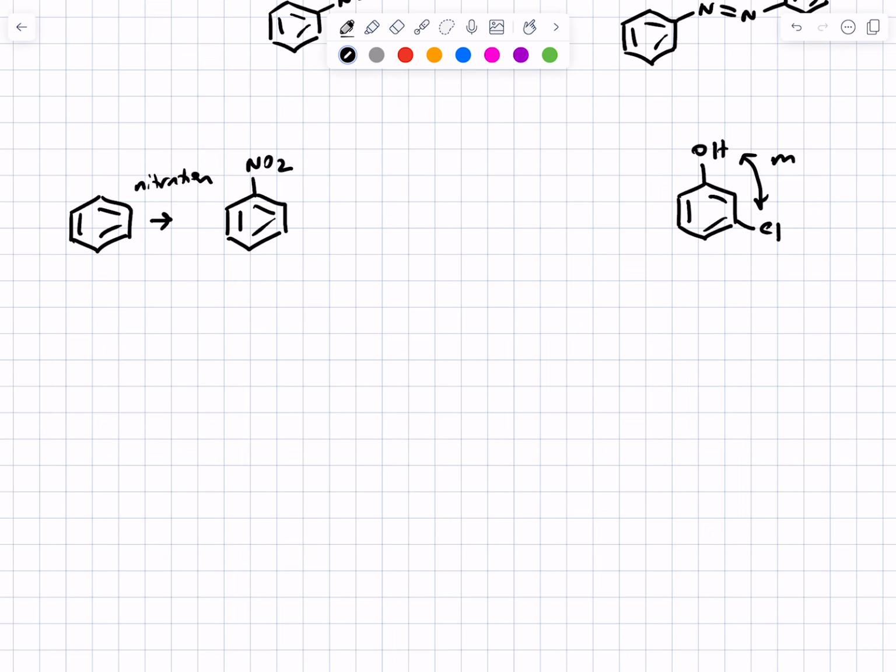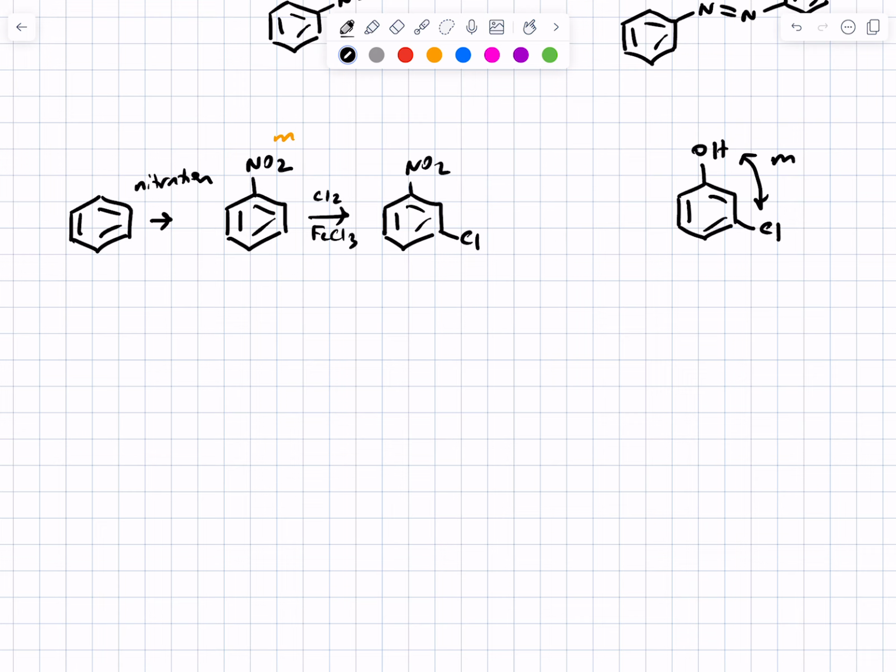Why am I going for the nitro group? Because I know that I can convert nitro to aniline, aniline to diazo, and diazo to phenol. But the nitro group is a meta director, so then I can do the chlorination conditions to install the chloro group on the meta carbon.